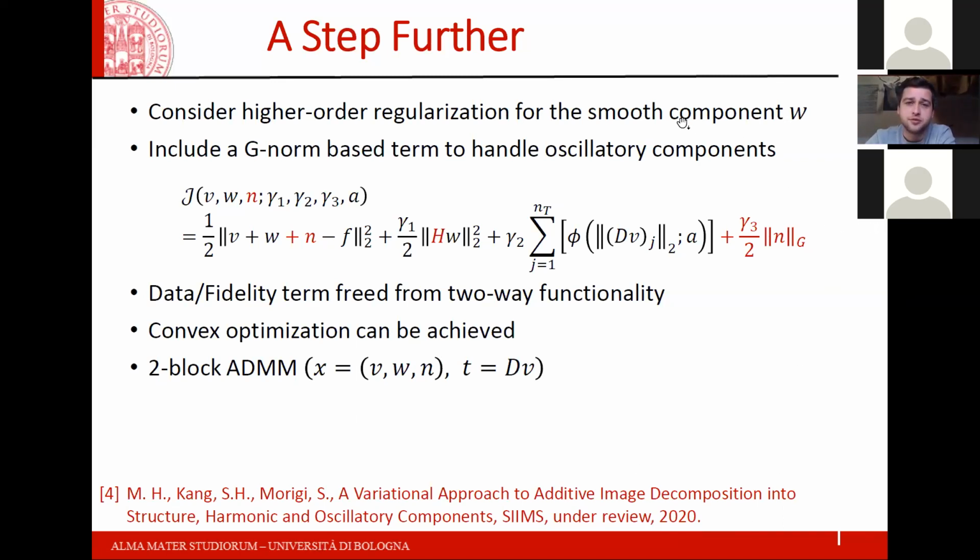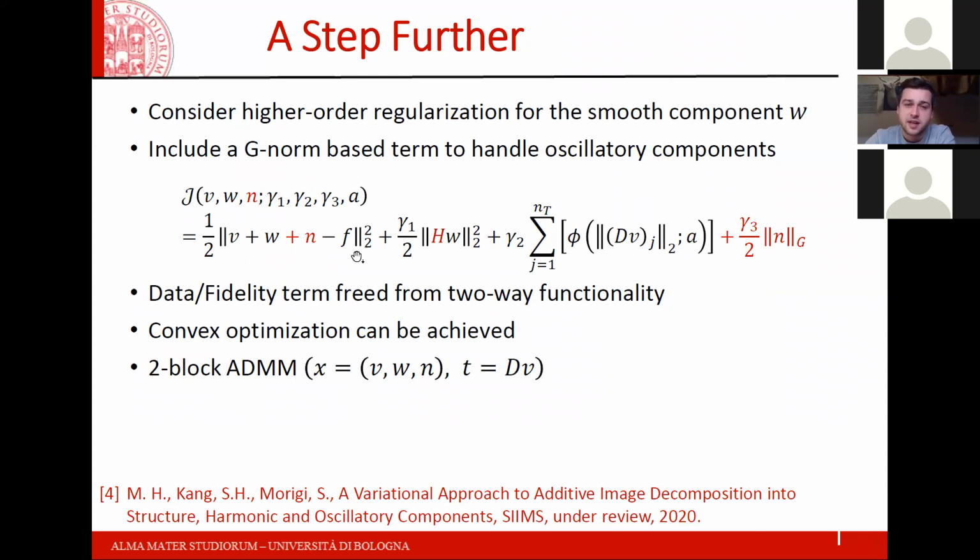We have assumed a higher order regularization for the smooth component, and we have added another component representing the noise in our case, which we have modeled via the G-norm that I mentioned earlier.